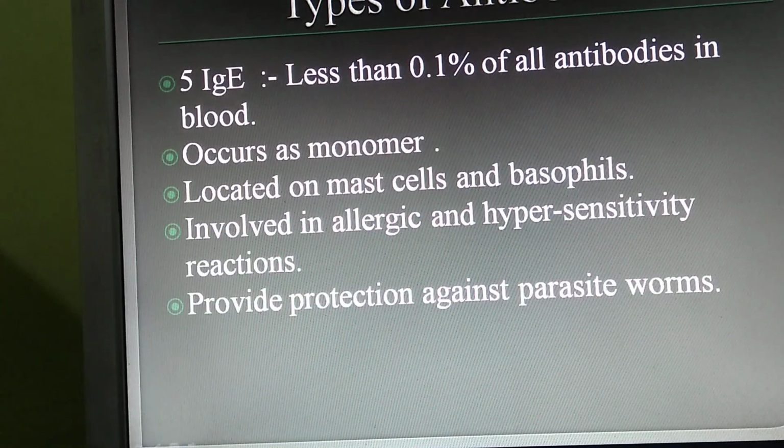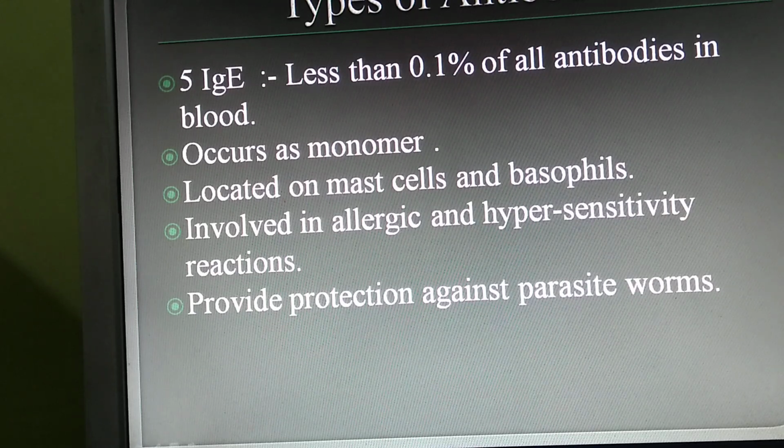Last type of immunoglobulin is IgE, which is less than 0.1% of all antibodies in the blood and occurs as monomers. This IgE is located on the mast cells and basophils. IgE is involved in allergic and hypersensitivity reactions. IgE provides protection against parasitic worms.